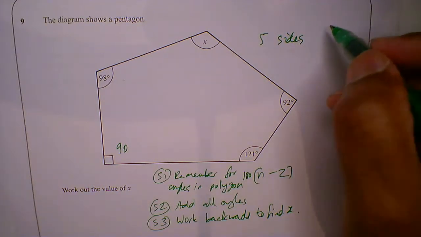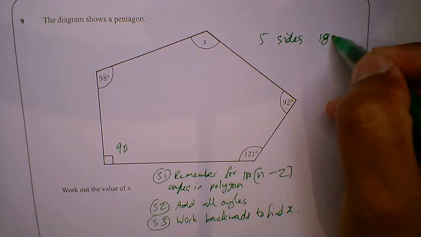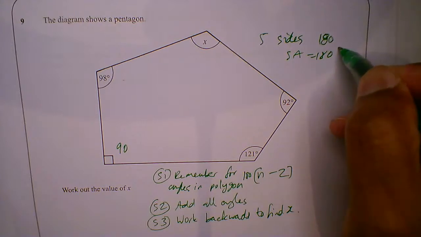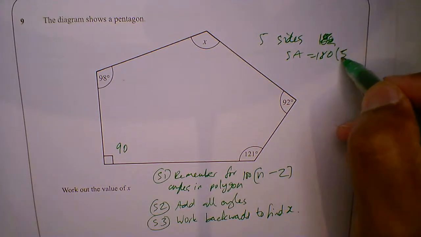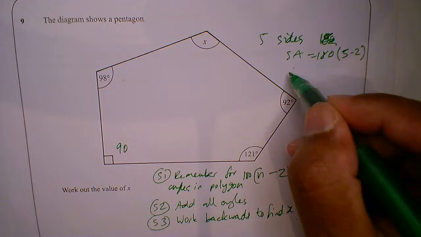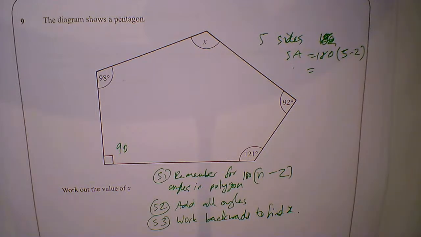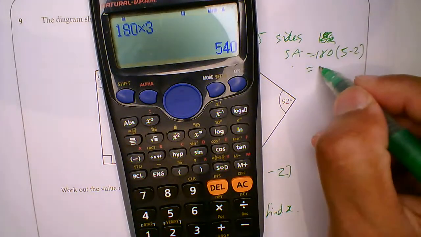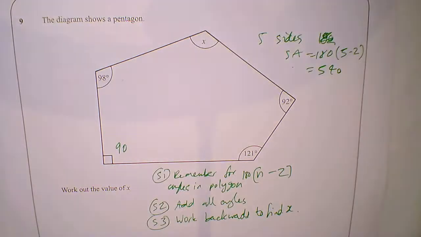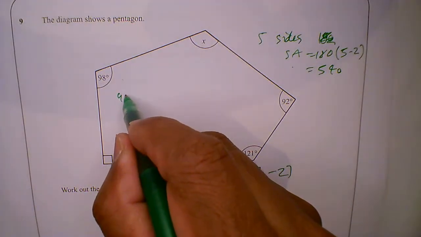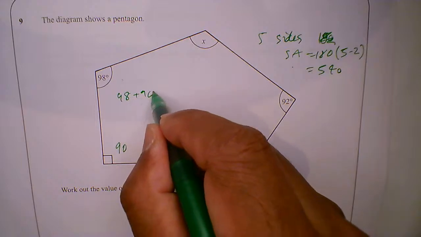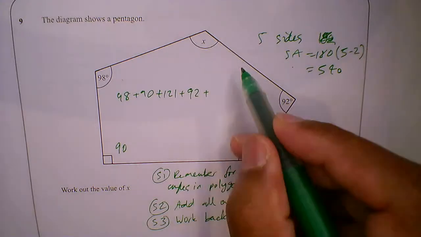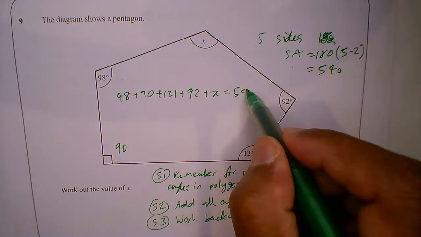So let's do that. The sum of angles equals 180 times n minus 2. So 5 take away 2 is 3. 180 times 3 gives me 540. Then I can turn this into an equation: 98 plus 90 plus 121 plus 92 plus x equals 540.